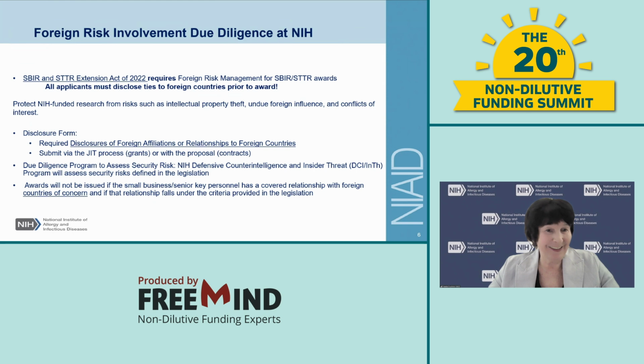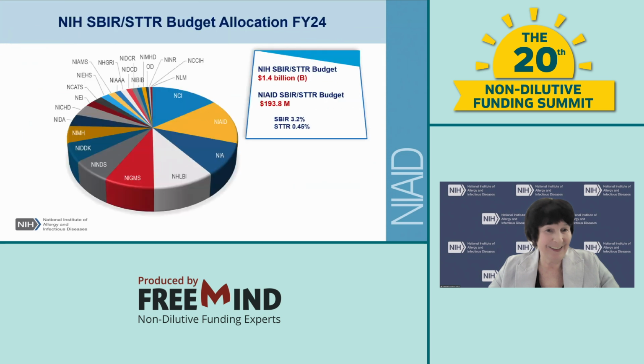This is a special group of program analysts, the so-called NIH Defense Counterintelligence and Insider Threats group, and they are doing this risk assessment. It is important to remember that even if the grant got a fundable score, if you're not going to pass the security check, you're not going to be funded, unfortunately.